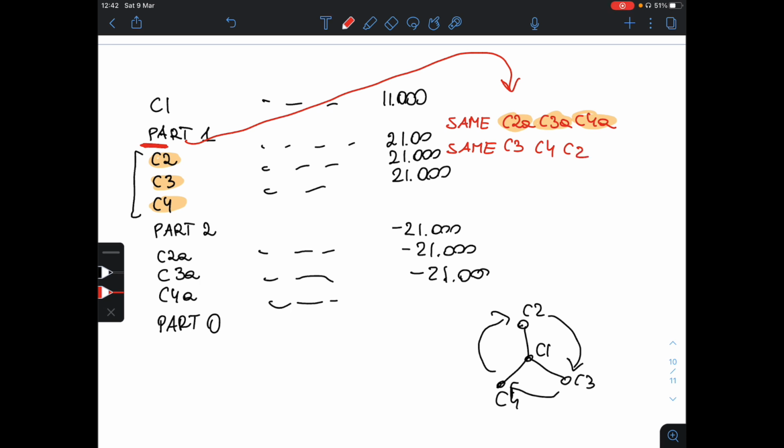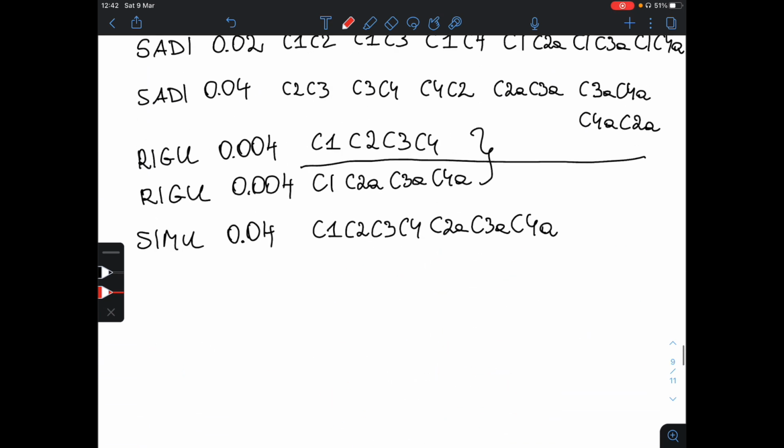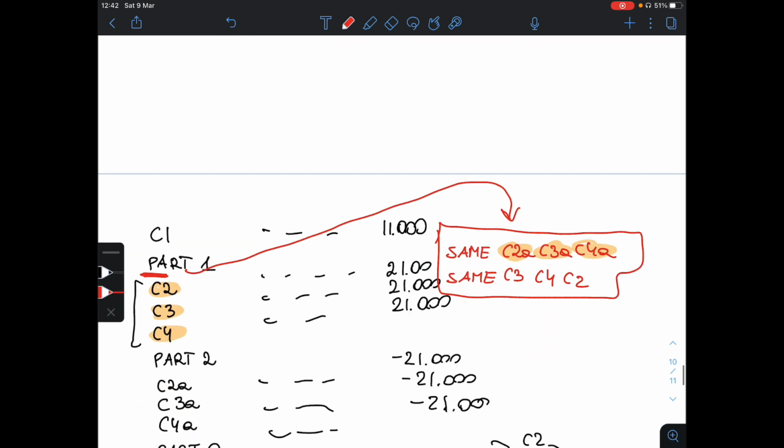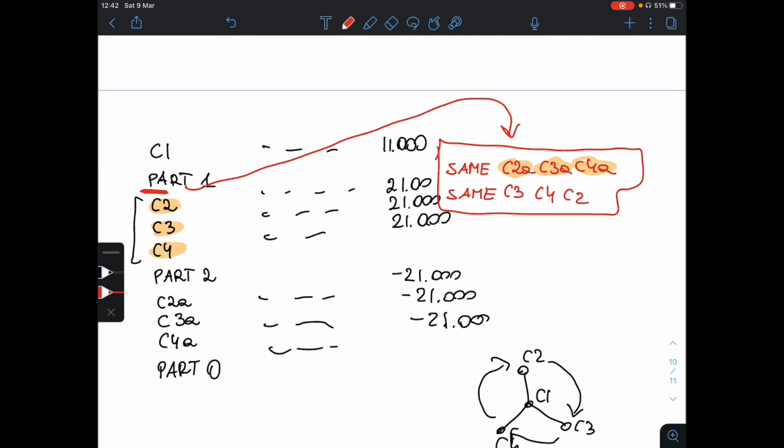We just write these two things and the program will know which 1,2 and 1,3 distances should be made similar. So instead of writing down all these SADI, SADI, SADI, we just do SAME, done.